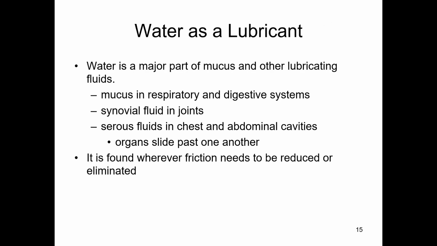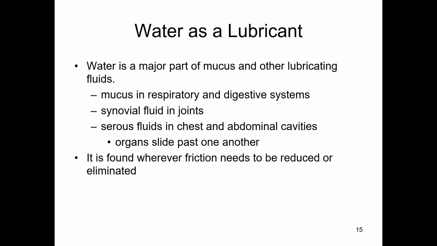We'll see water as a lubricant in the lab. By the time you listen to this, the lab will be over. So we have talked about fluids such as peritoneal fluid, pericardial fluid, and pleural fluid.